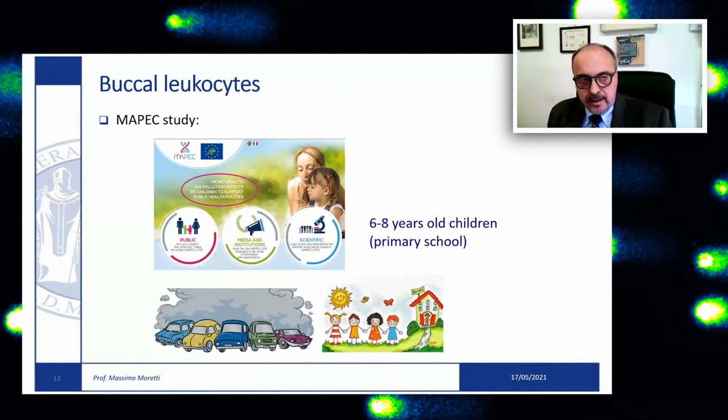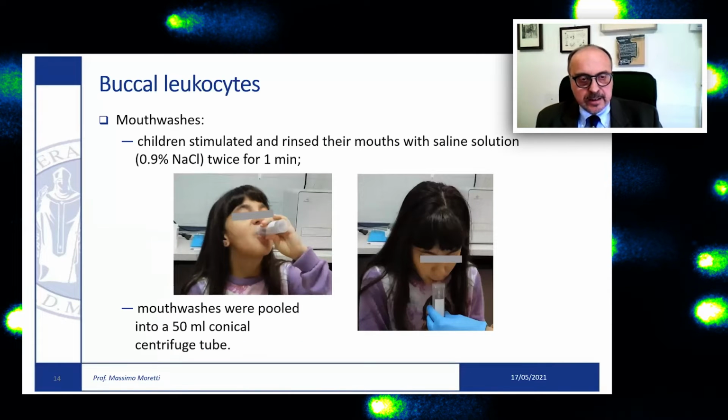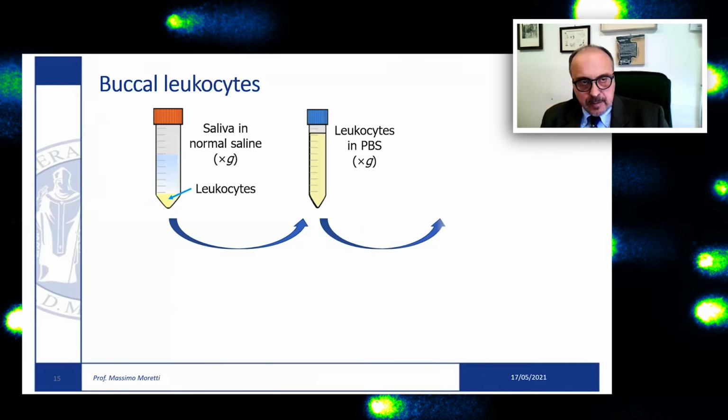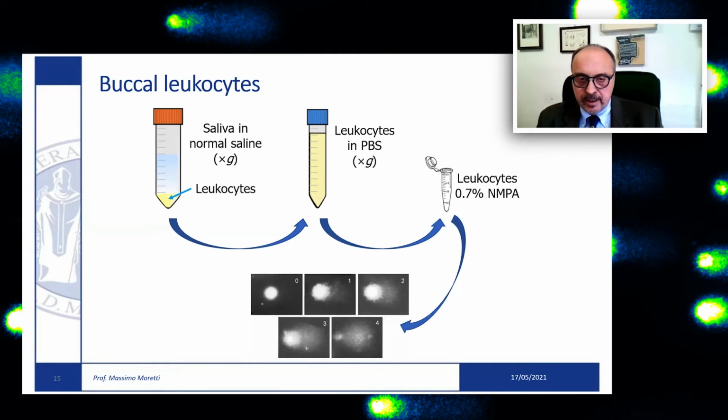In the MAPEX study, monitoring air pollution effects on children, we tried to limit our interest to buccal leukocytes, obtained by mouthwashes. Children were asked to wash their mouth with normal saline, and we collected the mouthwashes in conical centrifuge tubes. Leukocytes were centrifuged, washed, and then resuspended in agarose.